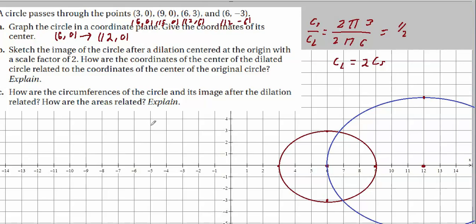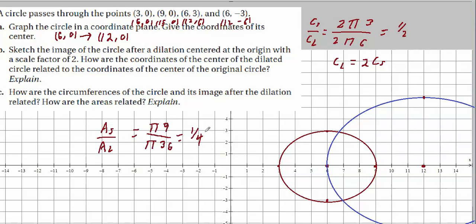Let's find out. We get pi r squared. That's pi 3 squared, or 9, over pi 6 squared, or 36. Well, pi's cancel and we get 1/4, don't we? Well, that's the area of the small one over the area of the large one.